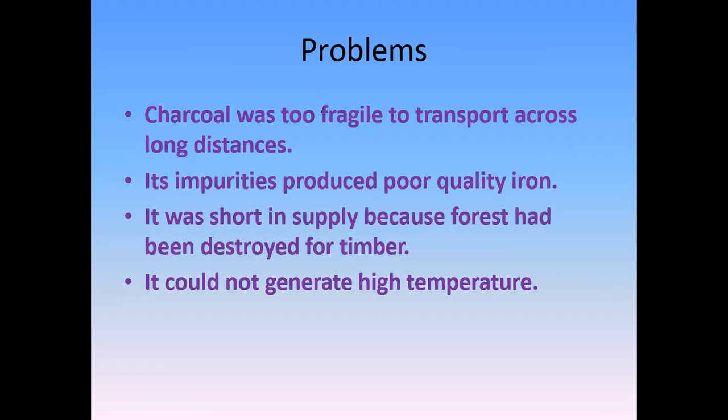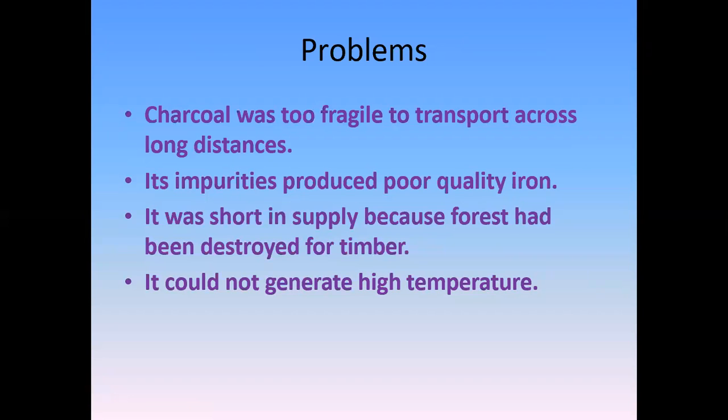Number one, charcoal was too fragile to transport across long distances. Its impurities produced poor quality iron. It was also short in supply because forests had been destroyed for timber, and it could not generate high temperatures.